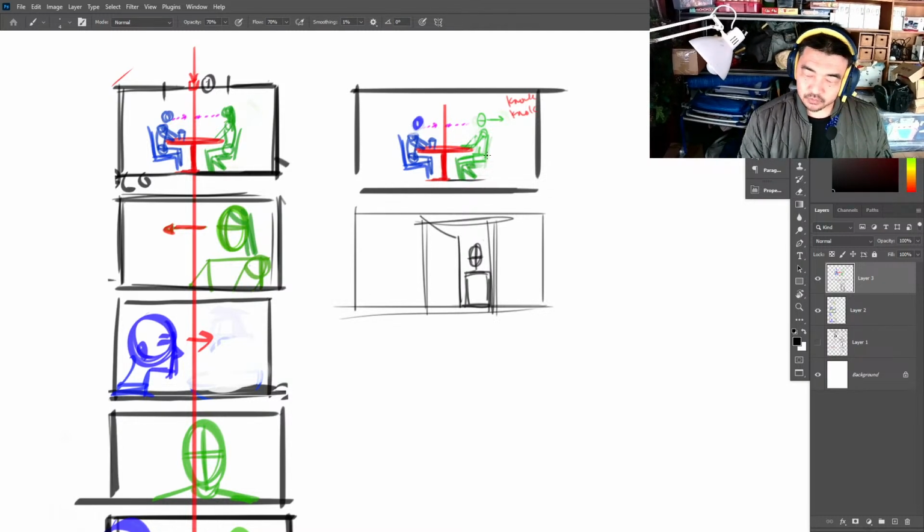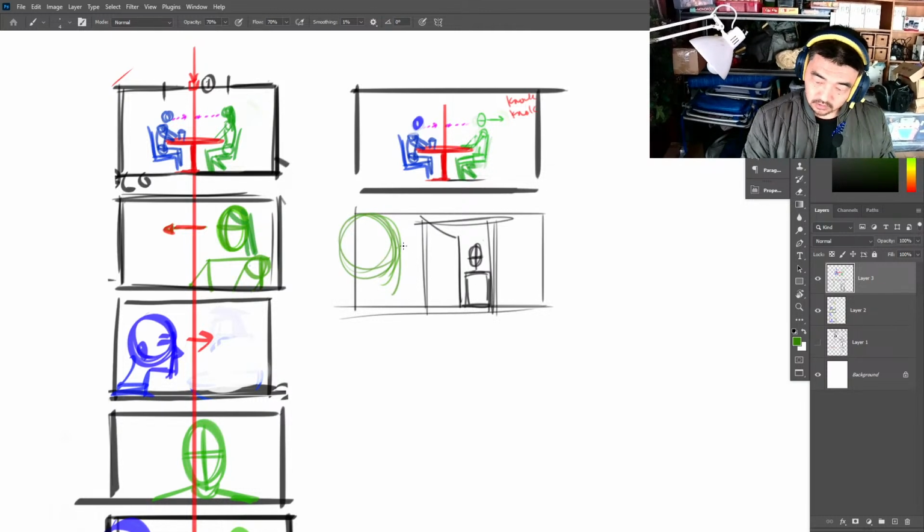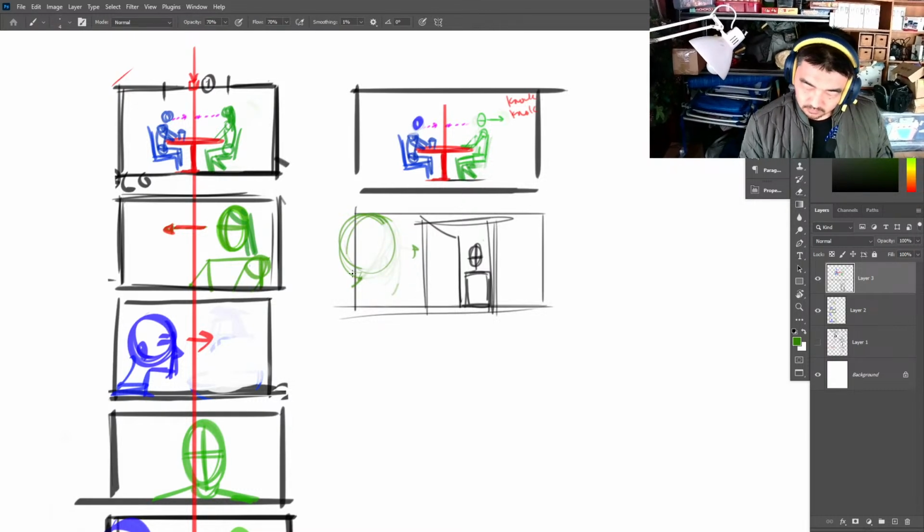And now, because we went to this wide, you could switch it to, let's say, the green person right on this side, looking to the door, or maybe they're more like 3/4, and their eyes are kind of looking like that.